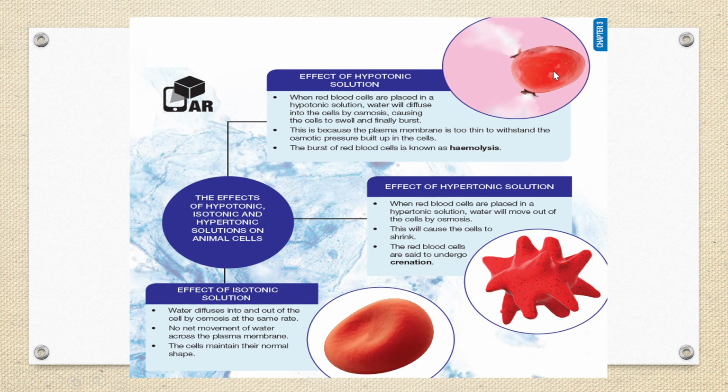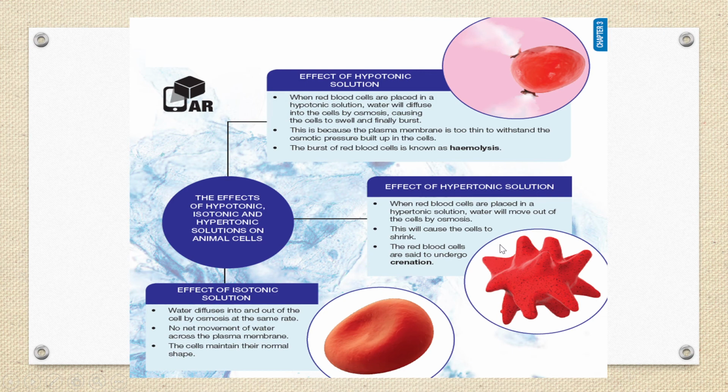For red blood cells, the plasma membrane is thin and there's no cell wall. So the bursting of red blood cells is known as hemolysis. Lysis comes from the word lys, which means break, pecah.